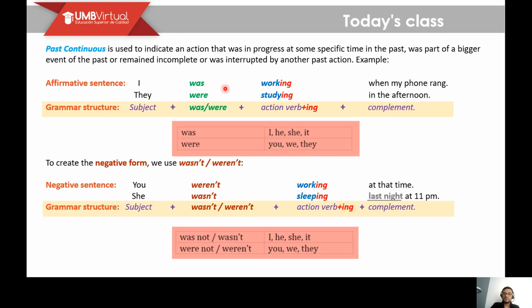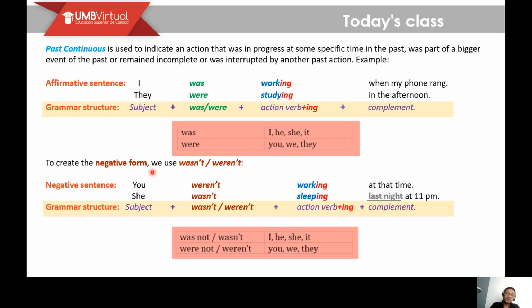So in here, we need to use the verb with ing, it is not conjugated, but it is the form of the verb to complete the sense of being during a process, during a certain moment in the past, you were working on that. So you say, I was working when my phone rang. They were studying in the afternoon, and that's it.